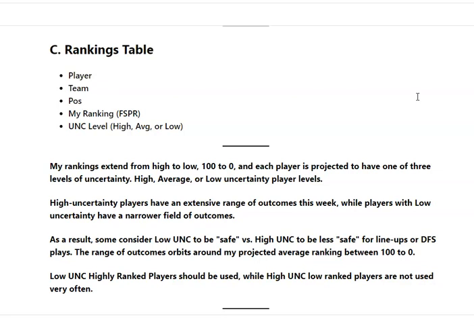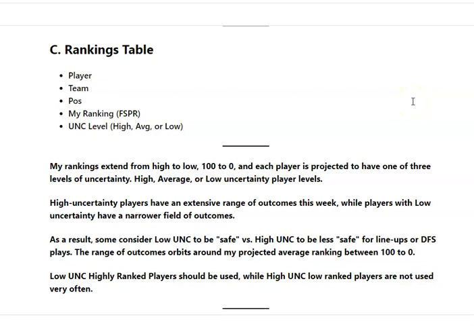High uncertainty players should have an extensive range of outcomes. Could be higher than I think, but could be lower. So it's more of an interesting situation, and your uncertainty levels can drive some tie breaking there.